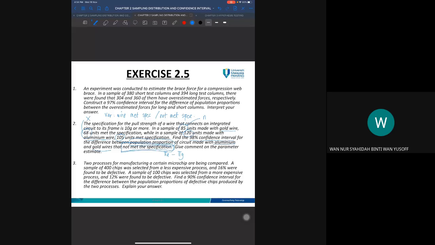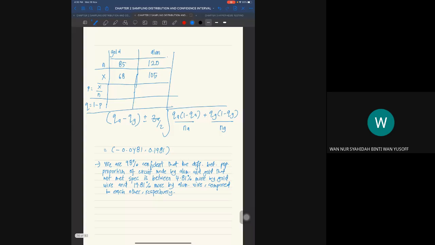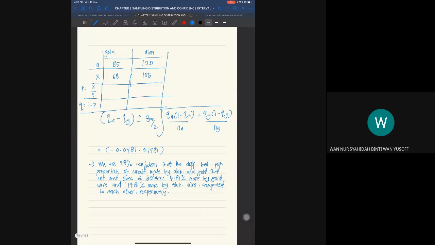So whenever you have a proportion question, read the question carefully to see what we need, whether we need the confidence interval for the success or for the failure. It could be twisted like that for the proportion question. So it's just reading the question carefully. Any more questions?